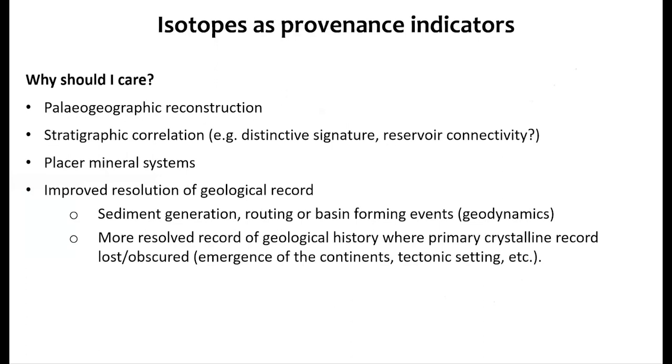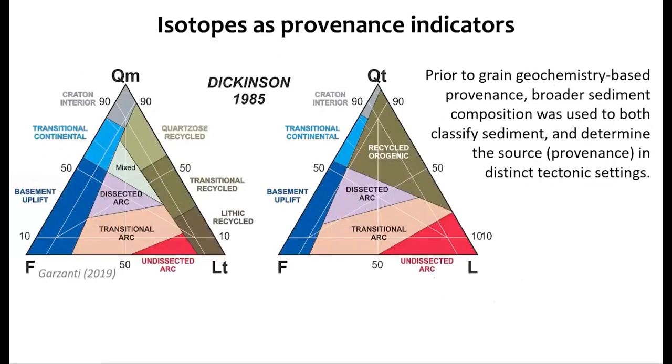But those minerals, those signatures of the processes they represented, can get preserved in detrital minerals and stored in the rock record. So it's an excellent archive of Earth history. It's important for understanding things like sediment generation, routing, basin formation and broader scale geodynamics. And like I say, a more resolved geological record where things have been lost, particularly looking at the early Earth.